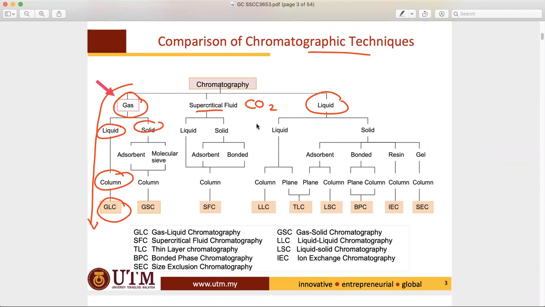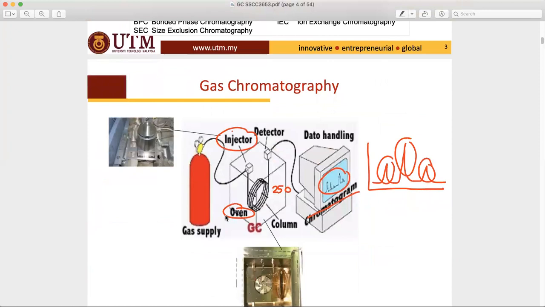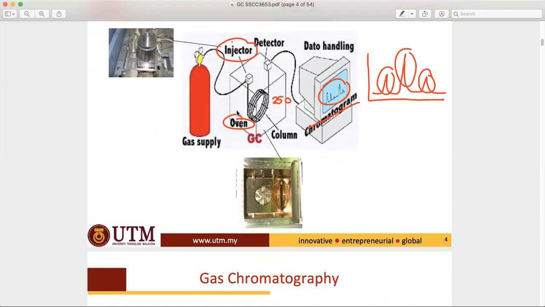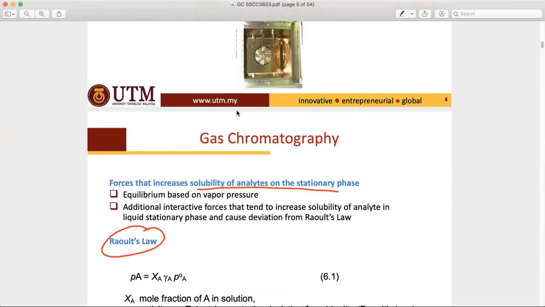What are the other chromatographic techniques that are available, and what are we focusing on in this course? For example, in this course, we are focusing on gas liquid chromatography. We also looked at the important parts, the important instruments in gas chromatography, and what the gas chromatograph looks like.